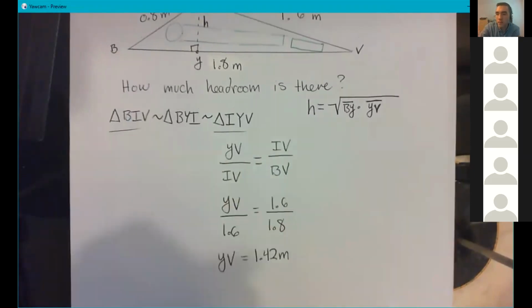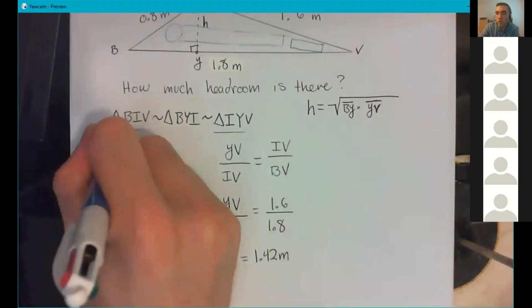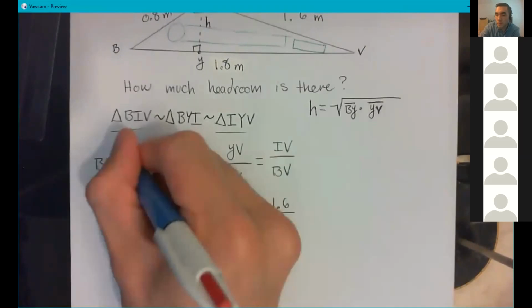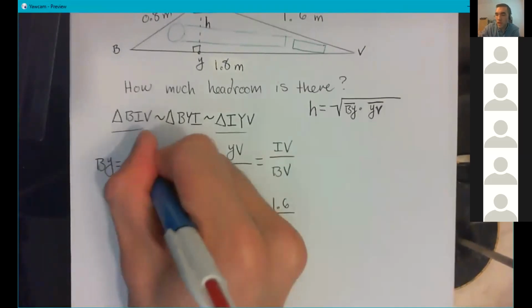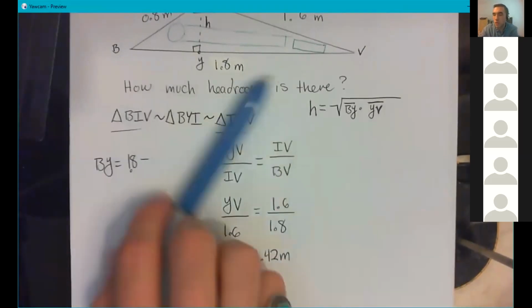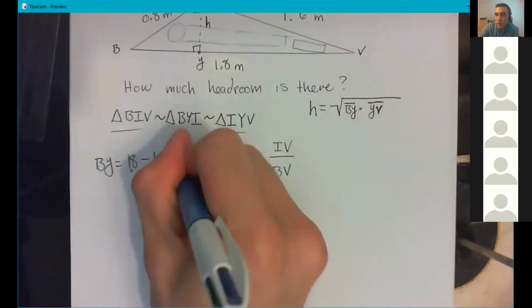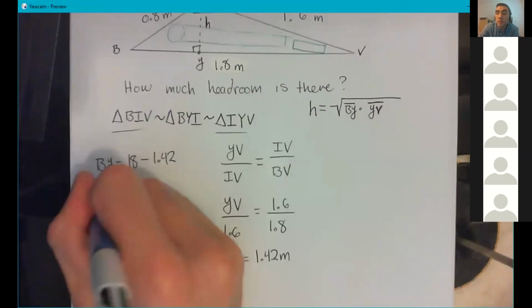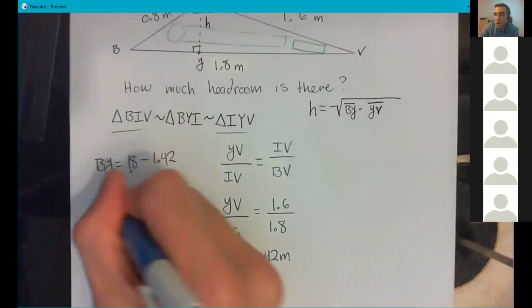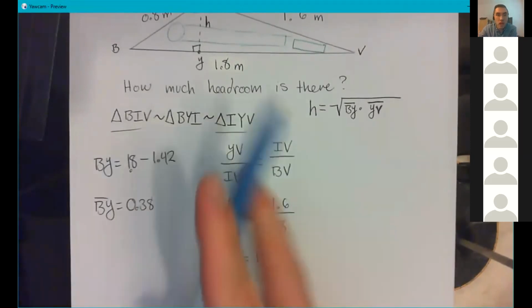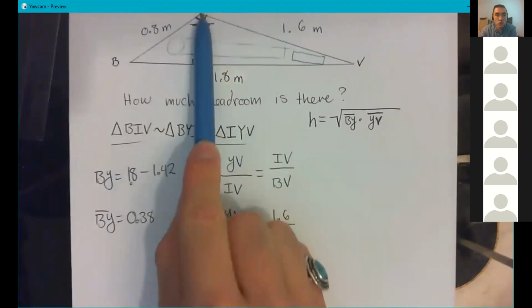So BY must be equal to the total length of the bivy, 1.8, minus the length that we just solved for using proportions on YV, minus 1.42. And so, 0.38 meters is how much space we'll have from this highest position to the door of the bivy.